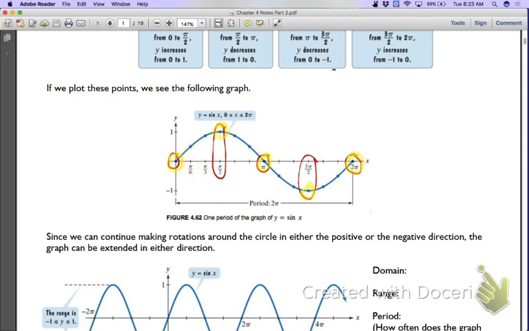We're worried about key points and not every single point. Do you know exactly where the square root of 3 over 2 is? Probably not. You don't want to worry about where 0.707, whatever it is as a decimal, is.